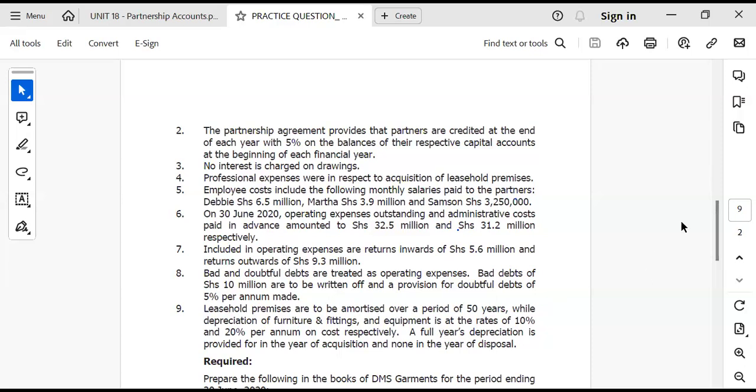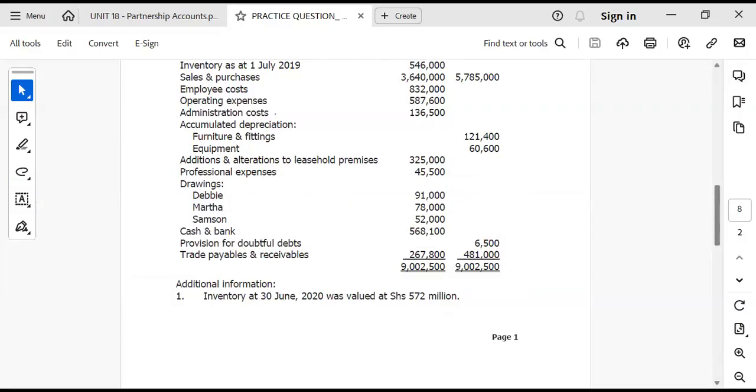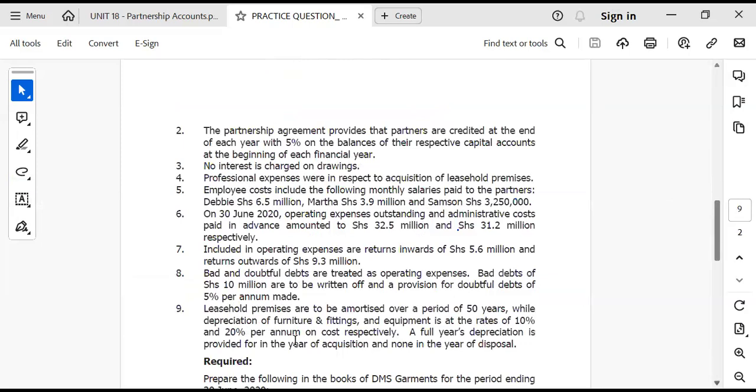Note that was affecting, note 8. Okay, bad and doubtful debts are treated as operating expenses. Bad debts of 10 million are to be written off.